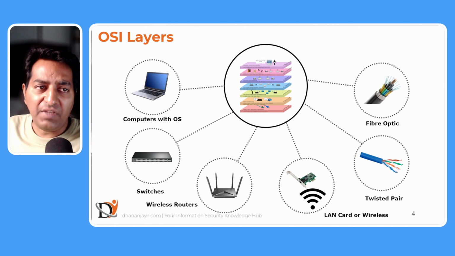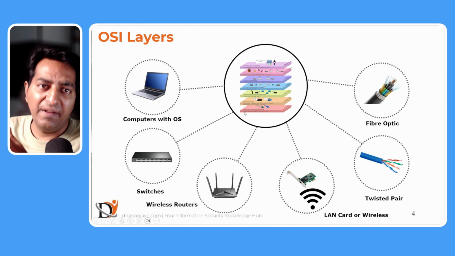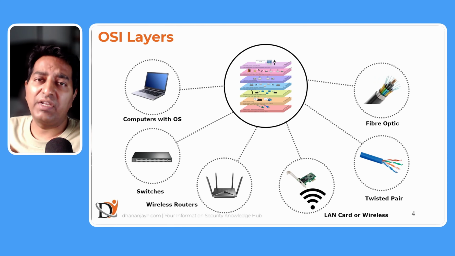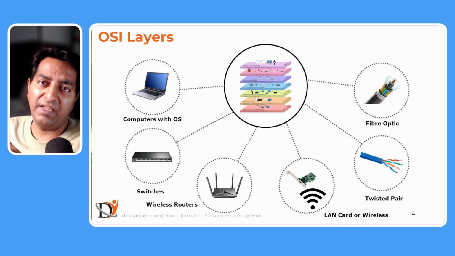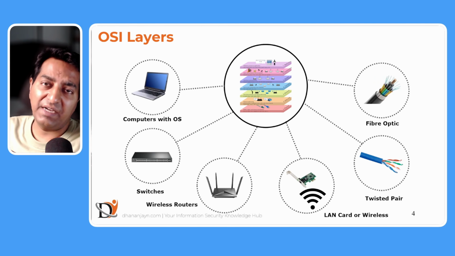As you can see on the screen, these are the devices which understand the network communication. And when it comes to understanding the network communication, we are talking about the different layers within this model. There are some devices which only understand the bits or signals. There are some devices which understand the MAC address, for example the switch.